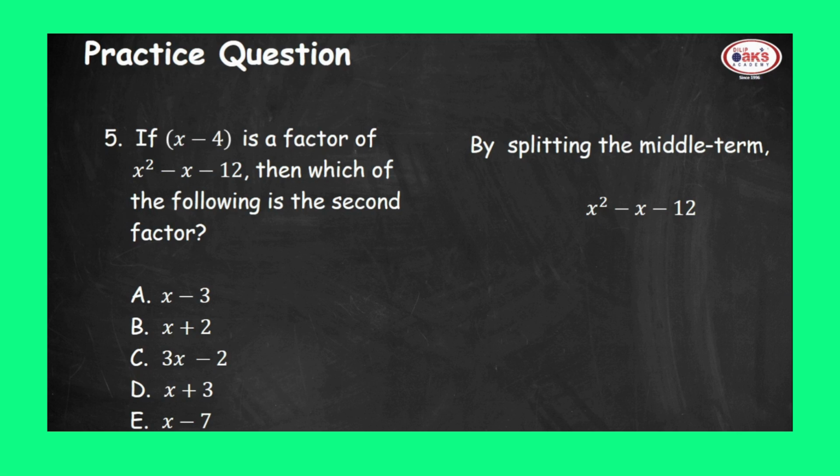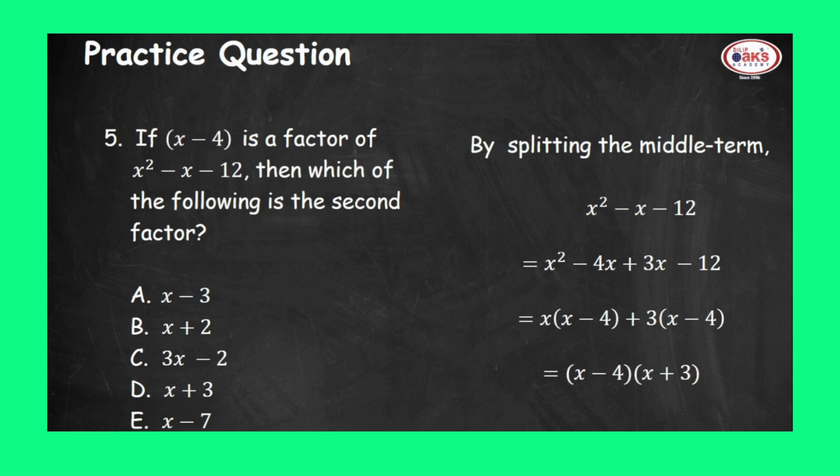Therefore we will split the middle term as minus 4x plus 3x, and that gives us the quadratic expression as x square minus 4x plus 3x minus 12. Further, I can take x common, leaving x minus 4 inside the bracket. Again taking plus 3 common, leaving x minus 4 inside the bracket.